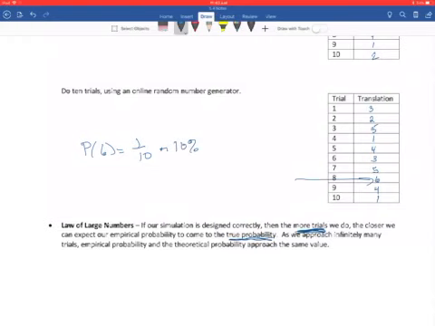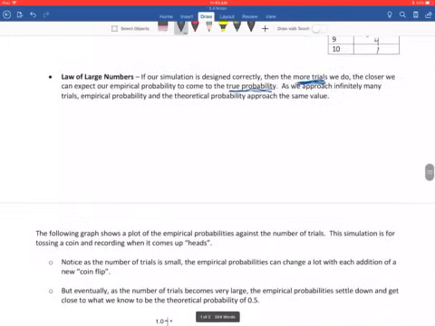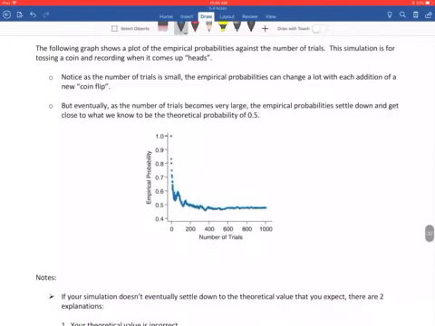So my simulation is fine in this example, but I only did it 10 times. It's a very small sample. If I had done this 100 times or 1,000 times, then I should get closer and closer to that 1/6 probability that I'm expecting. That's what the law of large numbers says.